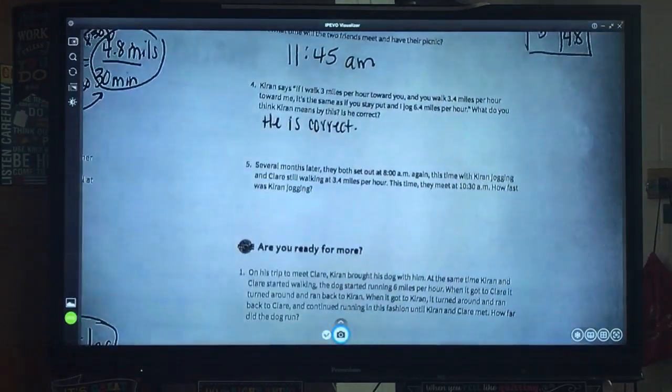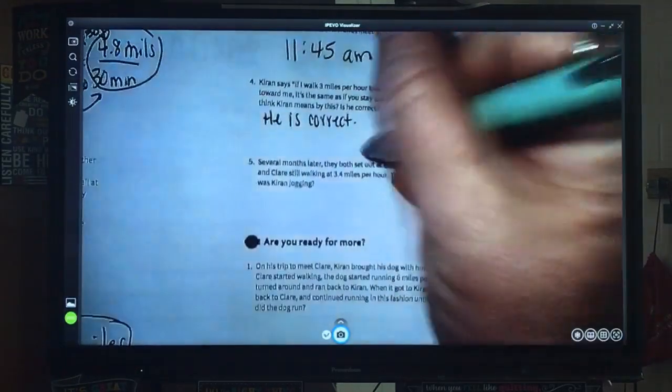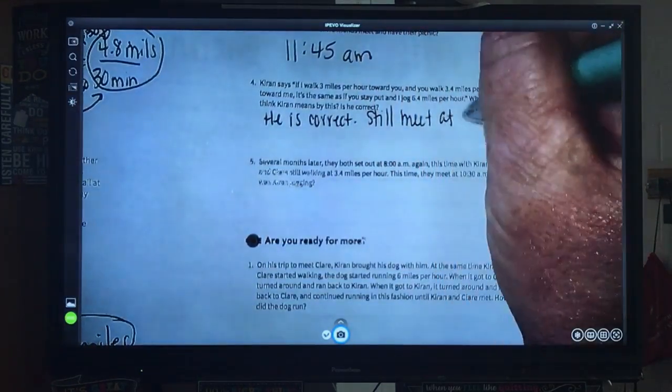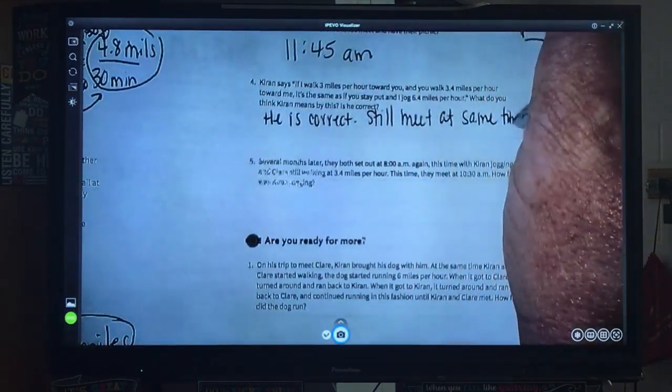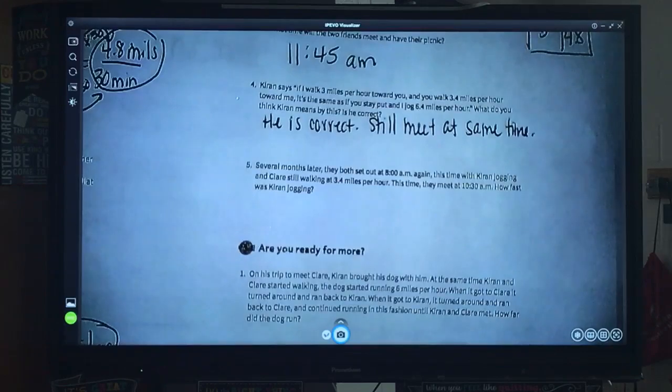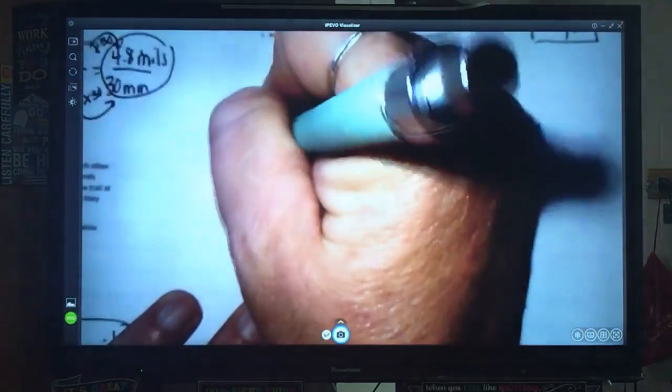Will they still meet at the same time? Yes. Will they meet in the same place? No. Why not? Because he's going straight. If Claire's staying put, he's the only one who's moving.